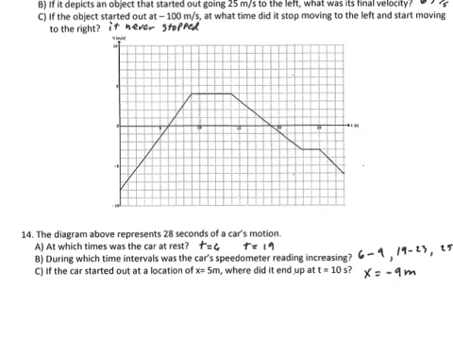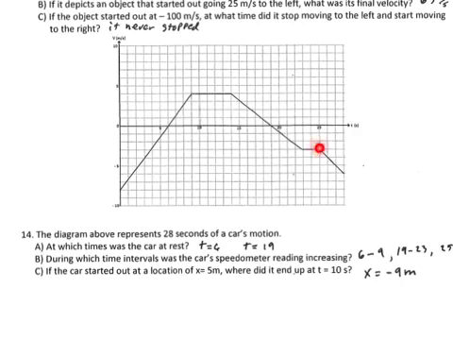But from this point to this point, from 6 to 9, I go from 0 meters per second to 4 meters per second. I'm speeding up. Here, I'm staying at 4. I'm not speeding up. Here, I'm going from 4 down to 0. I'm still not speeding up. But at this point here, I'm at 0, and now I end up at something bigger than 0. So between 19 and 23, I'm speeding up.